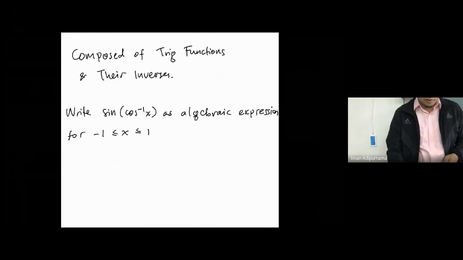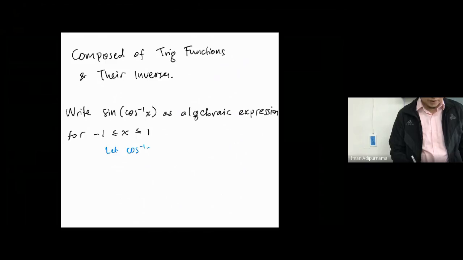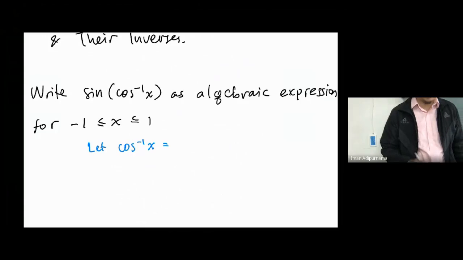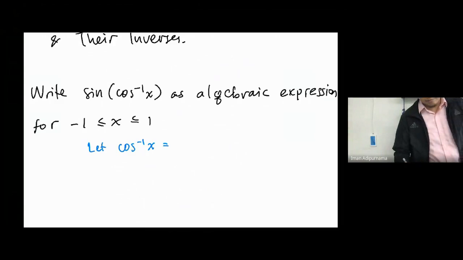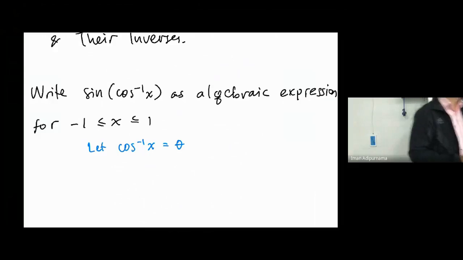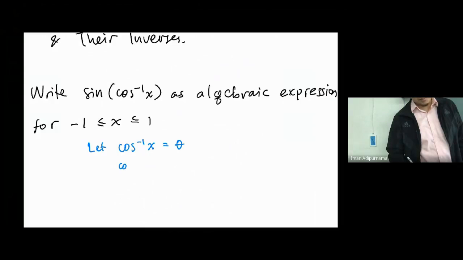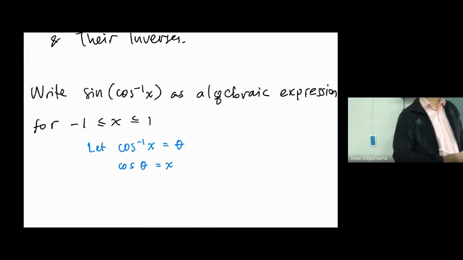So let me write, let cos inverse x be equal to, let's say, theta. So I can conclude that because that is my cos inverse, then my cos theta is x, right?